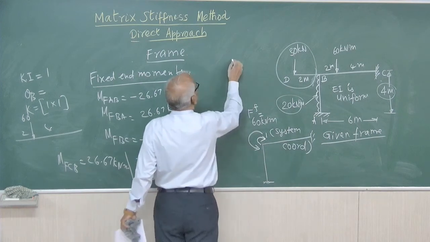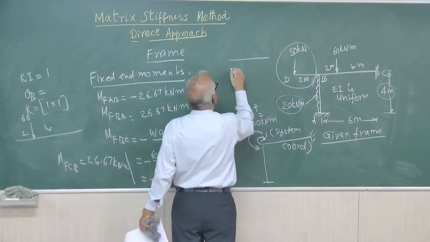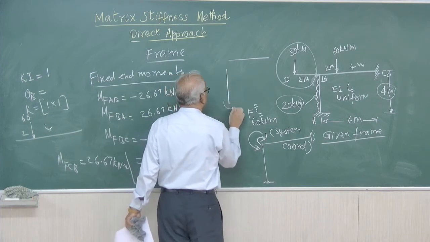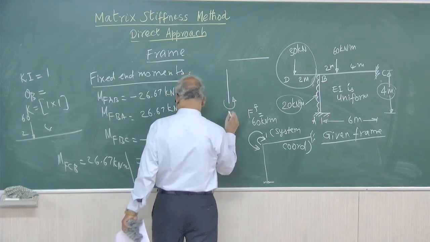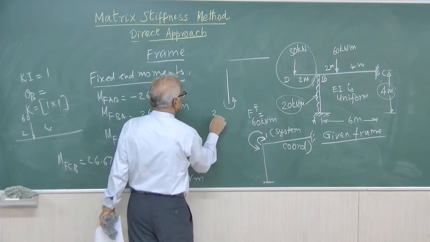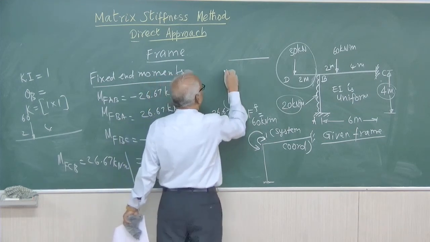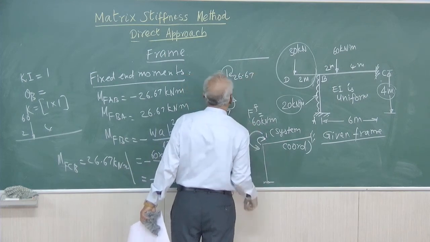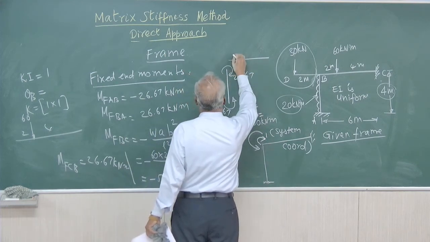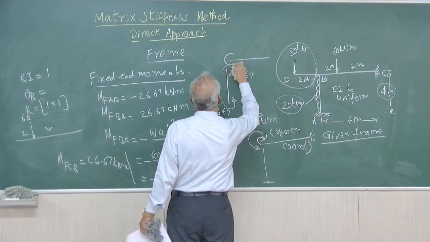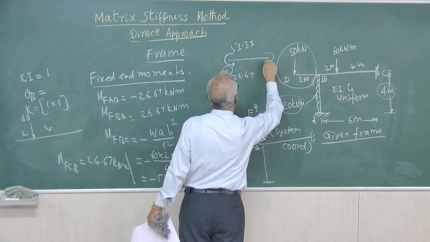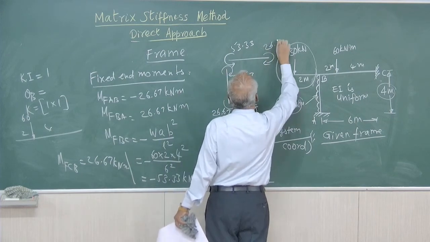This is the beam, this is the column, and here it is minus 26.67 and here it is 26.67 in the column, and here it is minus 53.33 and here it is 26.67.